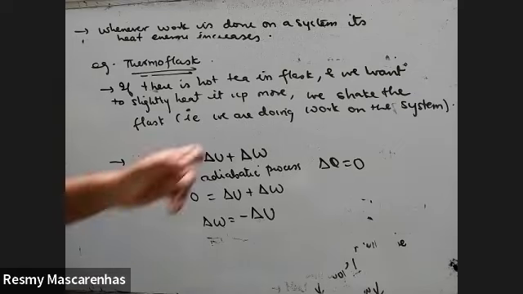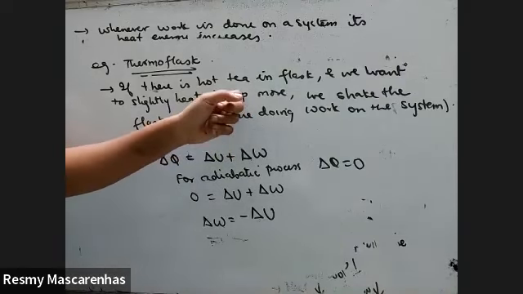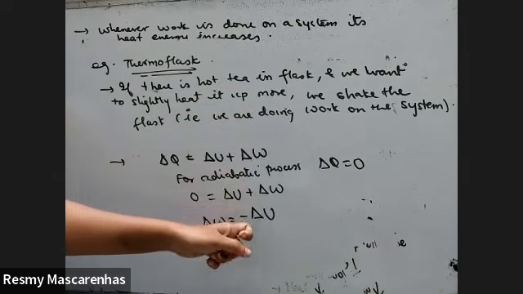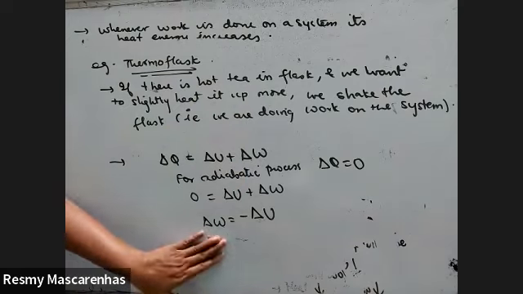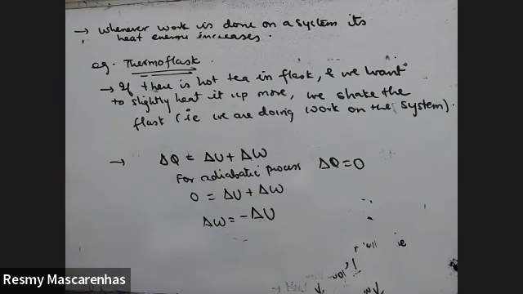Whenever we are doing work on the system, it's actually considered negative. It's the same thing. So energy. Okay, as per the formula, work is minus delta U for an adiabatic process, where U is your internal energy.